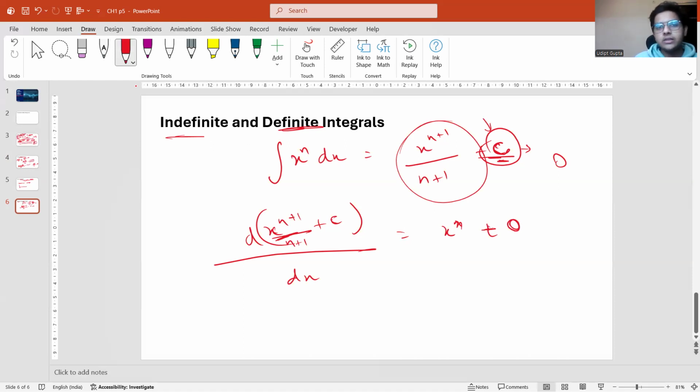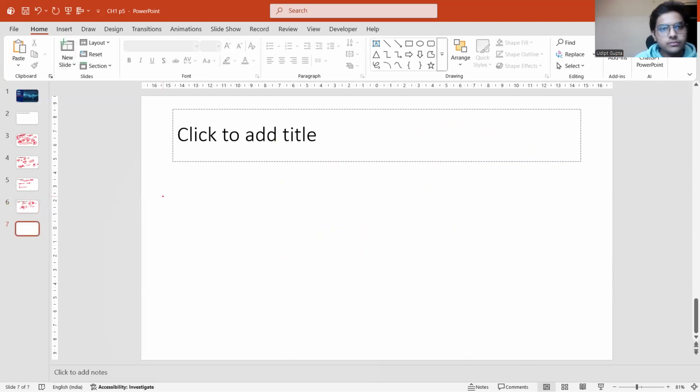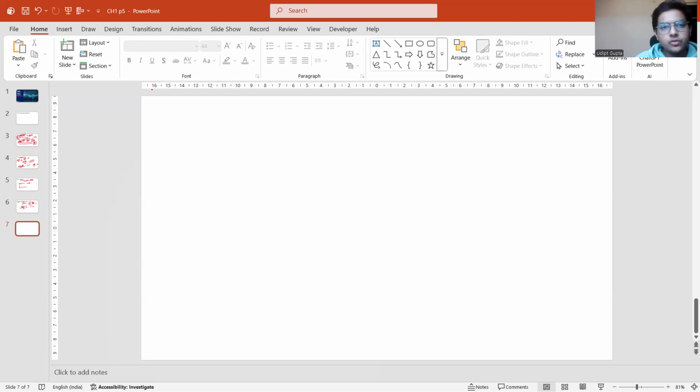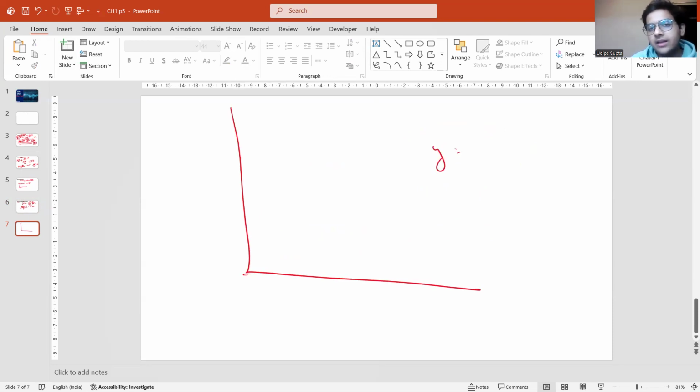With definite integrals, we get the area under the curve. So let's say I want to calculate, this is a function, y equals x plus 6. I want to integrate it and find its value between 0 and 2, the area under the curve between 0 and 2.